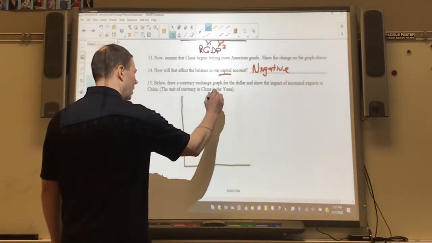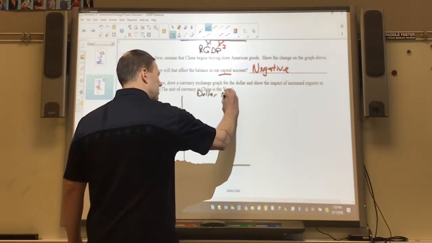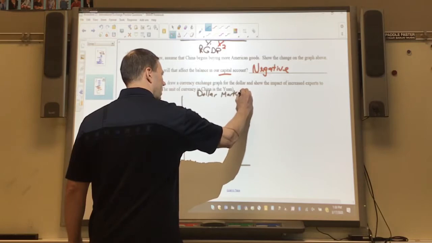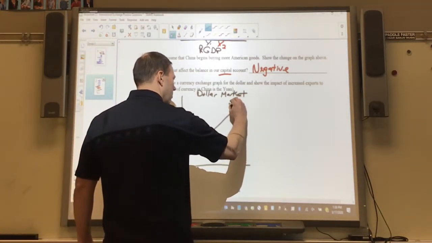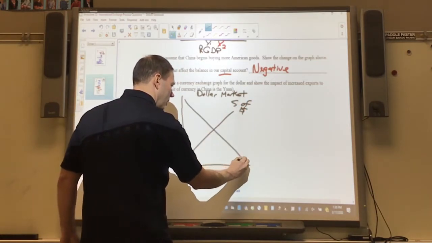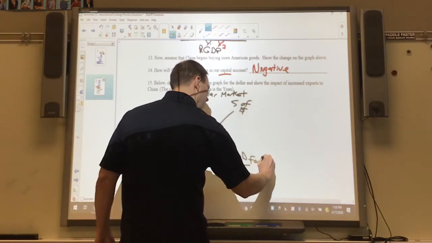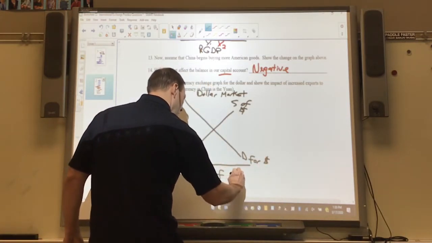Anyway, so this is the dollar market. We have to be very specific how we label things to make sure we're labeling correctly. So you've got the dollar market. Here you have the supply of dollars, that's the correct label. Demand for dollars. Quantity of dollars.